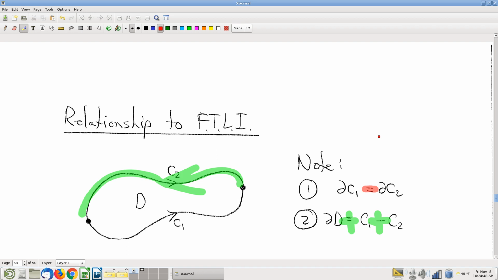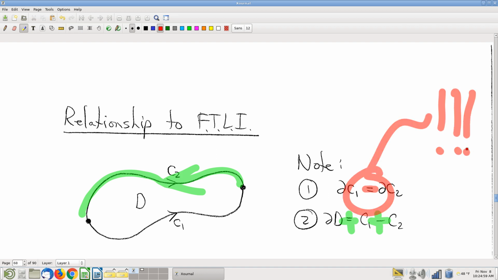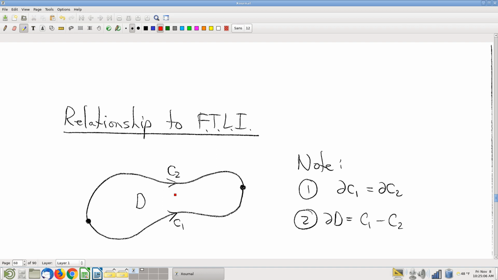C1 starts at the point where C2 ends, and vice versa. So there's nothing you can do. You can shuffle it around, but you're going to have a minus sign in this picture no matter how you do it. Like I say, that minus sign is intrinsic to geometry, and it makes more sense, I think, to do it this way.